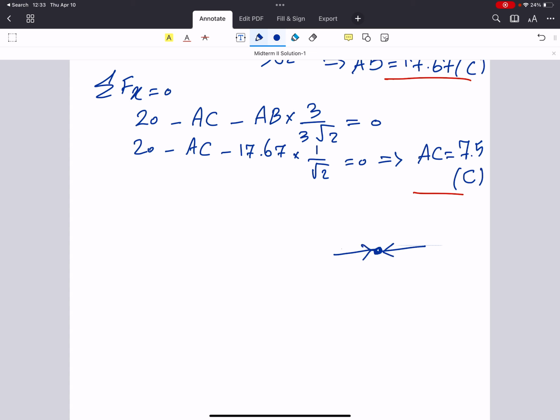This one, point C. CD, this is AC. Fx equals 0, then our AC is 7.7, so this is CD.